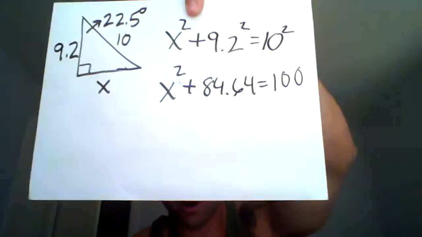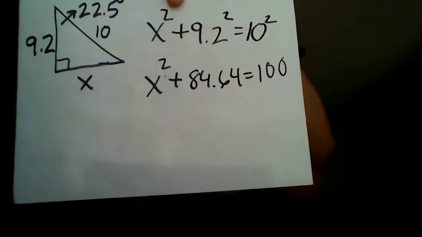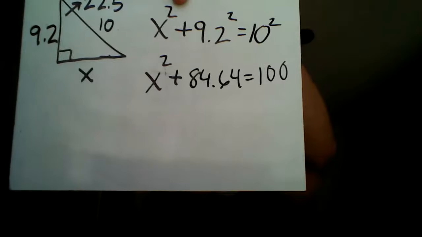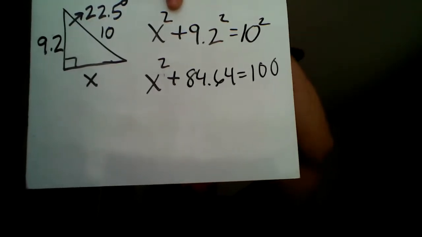.2 squared. So this is what I got right here after my first line. X squared plus, I think it's 84.64, and then should be equal to 100.